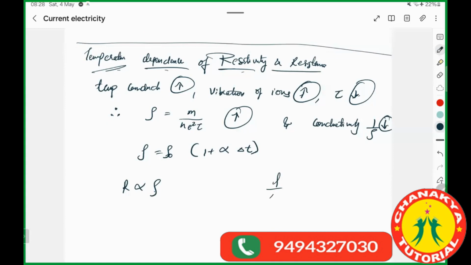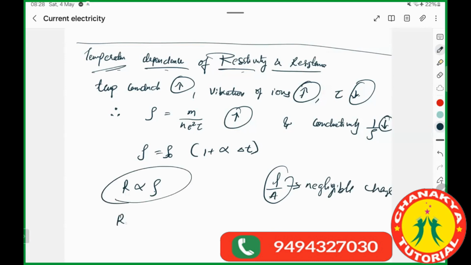Even length and area also change, but it's a negligible change. So R equals R naught (1 plus alpha delta t).